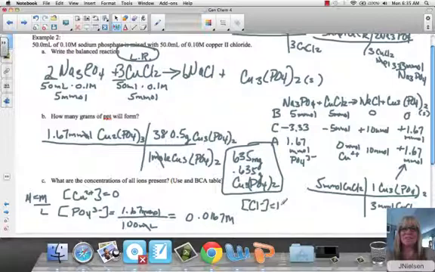We have 10 millimoles divided by 100 milliliters. And that's going to give us 0.1 molar.